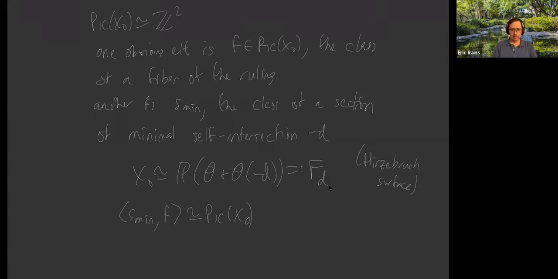So it would be better if we could come up with a basis that didn't depend on D. And we actually can do that, almost. So we instead use S, which is S min plus basically D over 2 times F, or the greatest integer less than or equal to D over 2 times F.